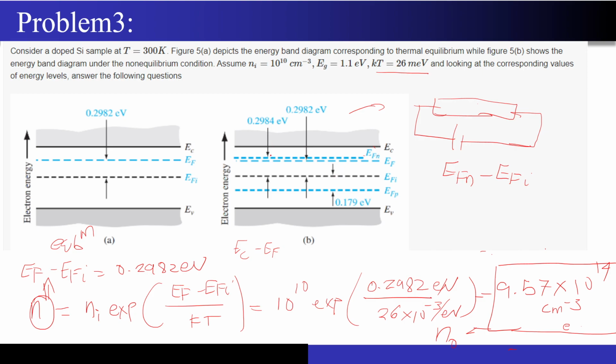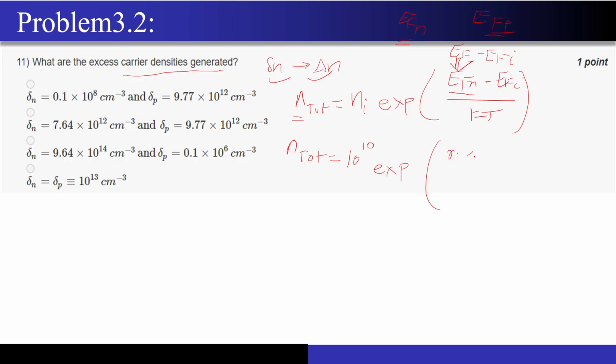If you look over here, this quantity, 0.2984, just look at the arrow marks. This arrow stops at EFN, and this arrow stops at EFi. So this has been given as 0.2984 electron volts. Let me put 0.2984 electron volts divided by 26 milli electron volts. Again the electron volt got cancelled.